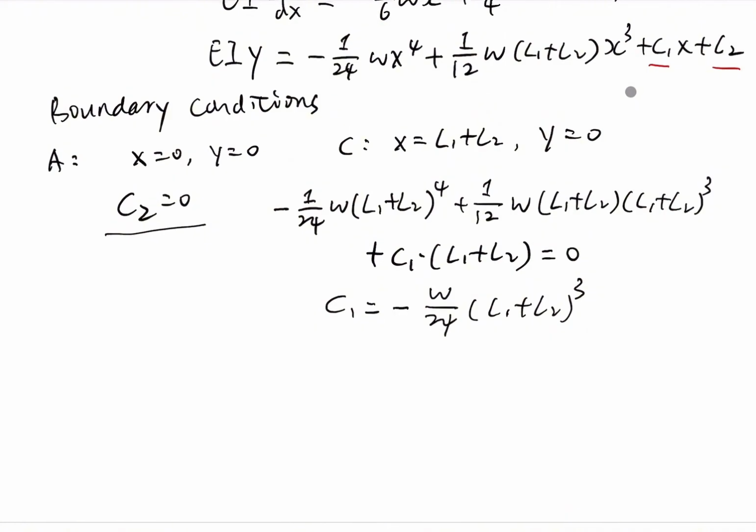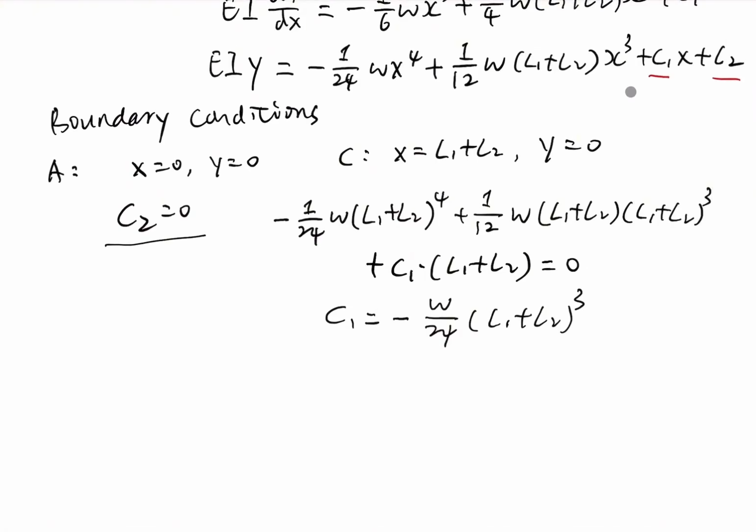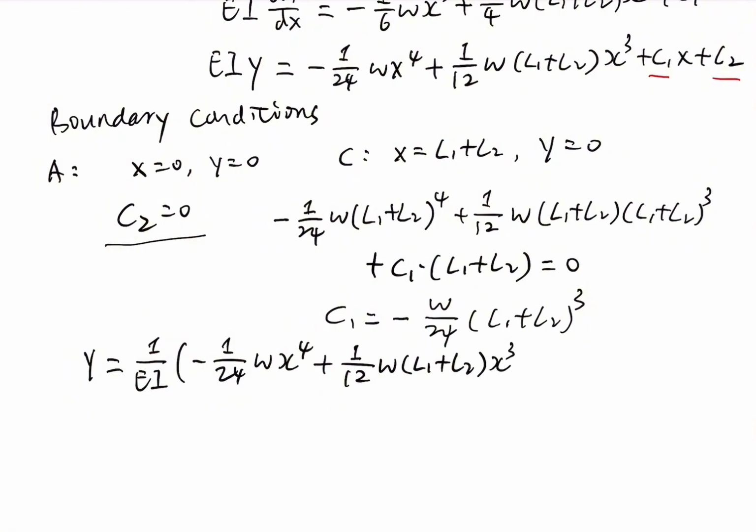Then the deflection equation is y equals 1 over EI times 1 over 24 W x to the fourth plus 1 over 12 W (L1 plus L2) x cubed plus C1, where C1 is negative W over 24 (L1 plus L2) cubed x. So this is the deflection equation.